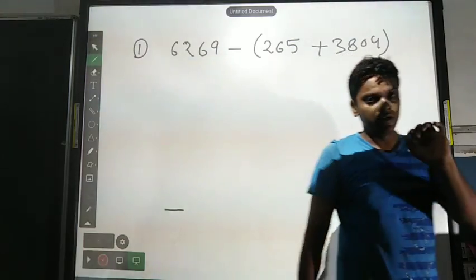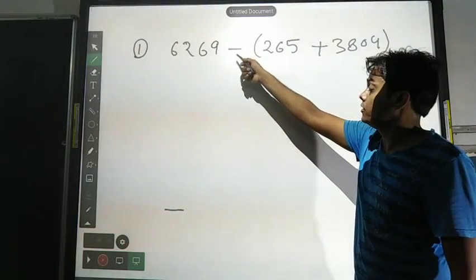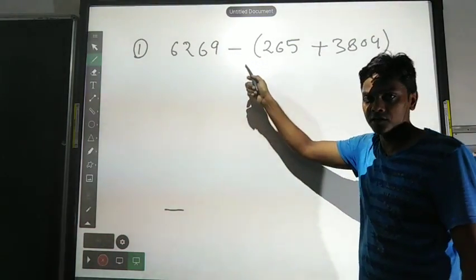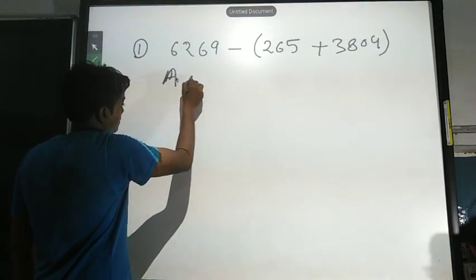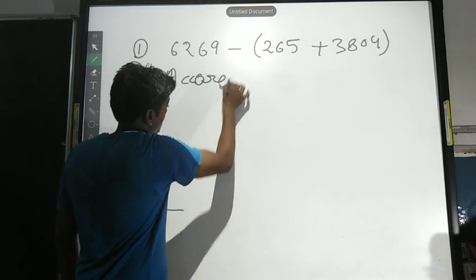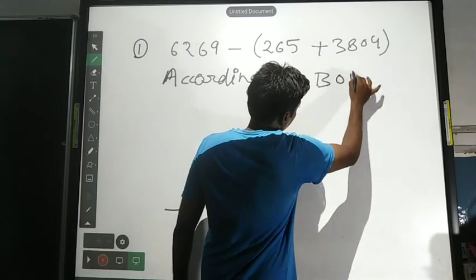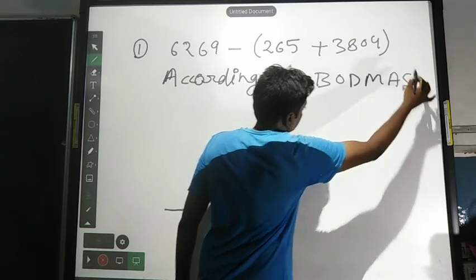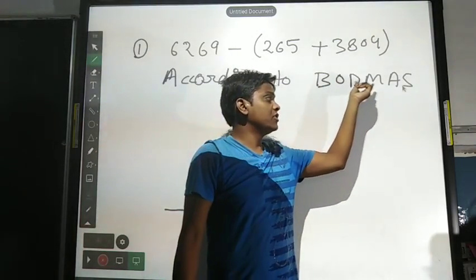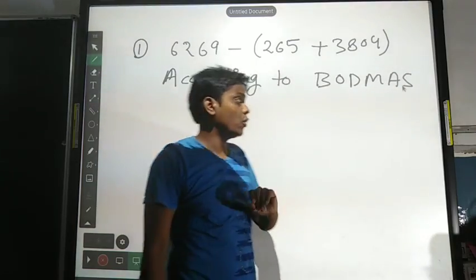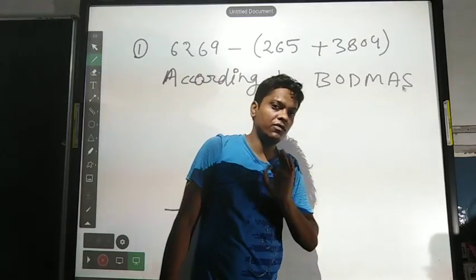Now the question is, how can we solve that? We have a minus sign, we have a plus sign, we have a bracket. So according to BODMAS, just write it here. According to BODMAS: bracket, of, division, multiplication, addition and subtraction. So if we get B, meaning bracket, first of all we will solve that.